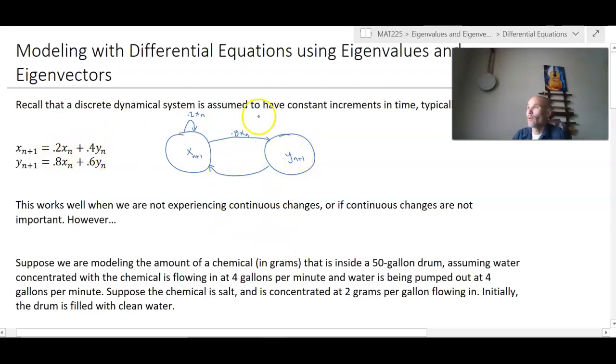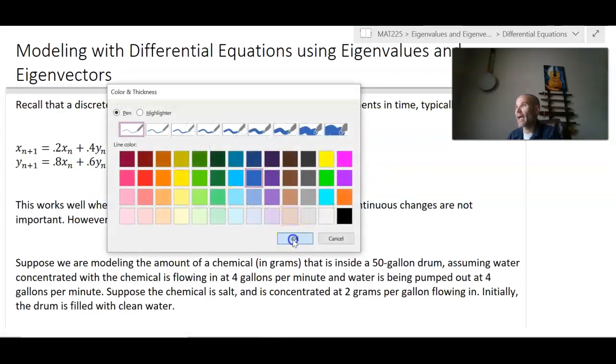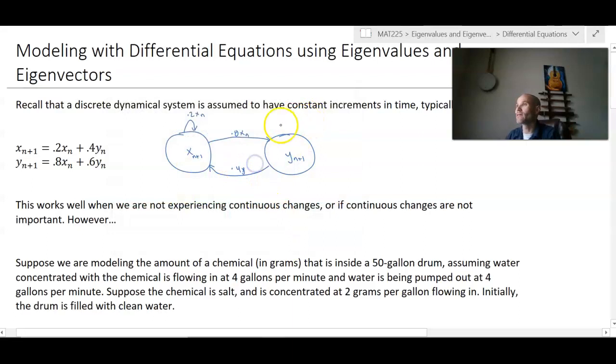And similarly, we have that 40% of the Y sub n's become state X at time n plus 1. And that also suggests that 60% of the people who are in state Y stay in state Y.